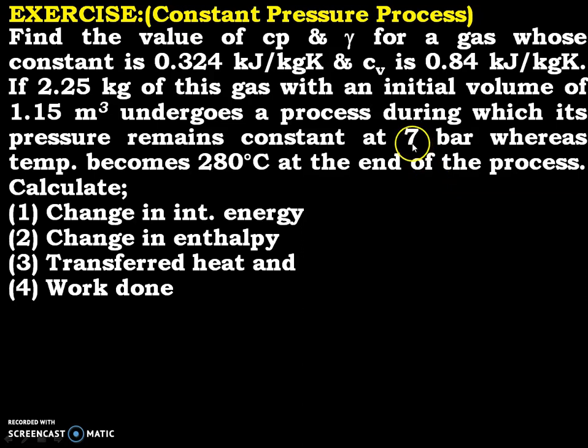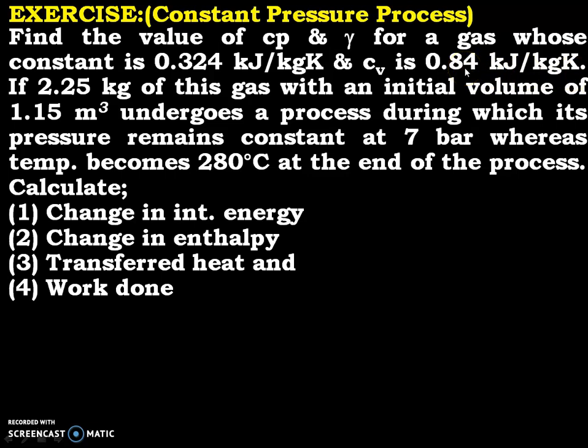Now let us solve the numerical on constant pressure process. Find the value of Cp and gamma for a gas whose constant is 0.324 kilojoule per kg Kelvin and Cv is 0.84 kilojoule per kg Kelvin.